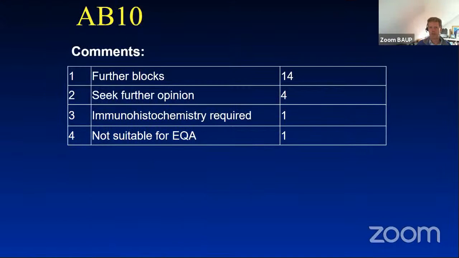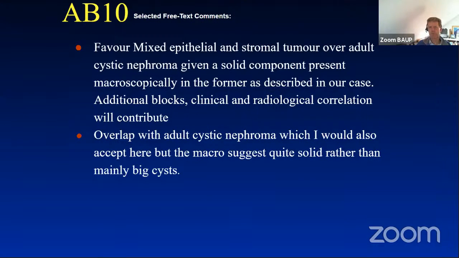Unusual selection. And I think there is a crossover between a MEST and a cystic nephroma based on the amount of cysts. But again, there's no real sort of defined cutoff between the two.